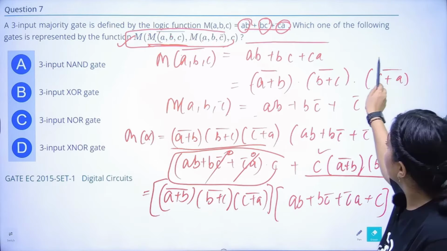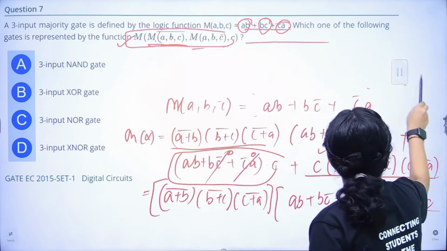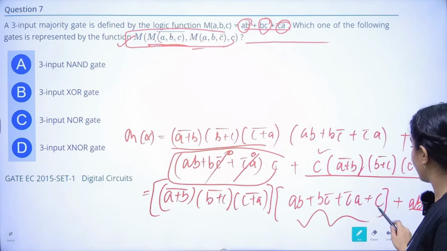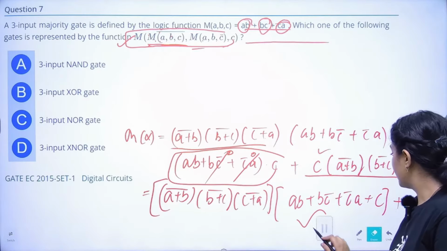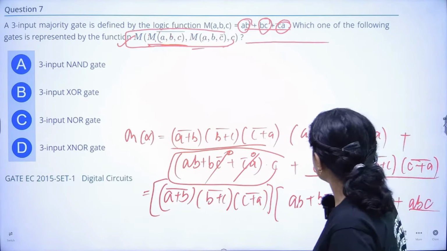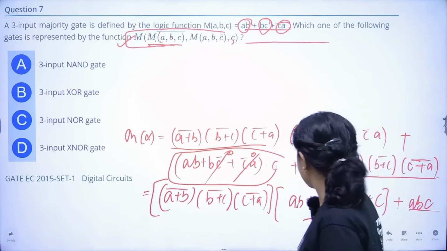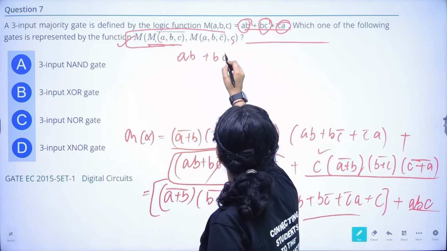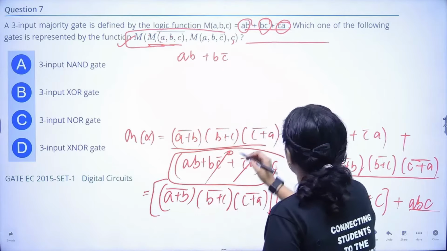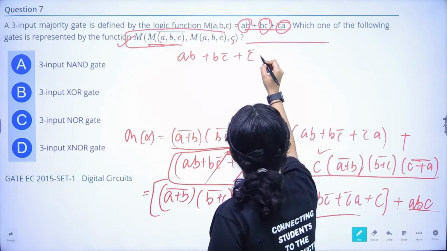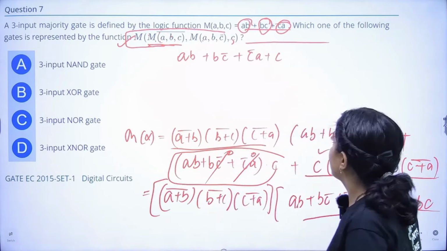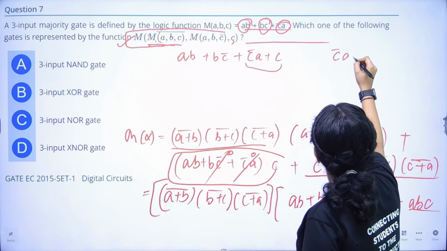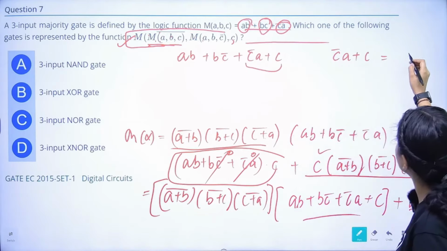Now let's start solving this. Now we have to solve this expression. Solve this part first, right? Let's write it. So this is AB plus BC bar plus C bar A plus C. Now C bar A plus C is equal to C only.